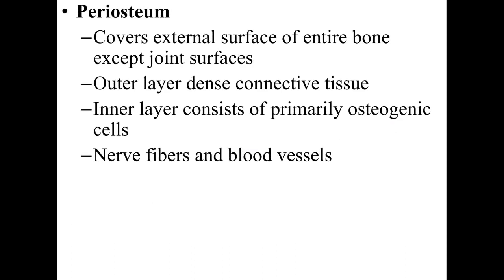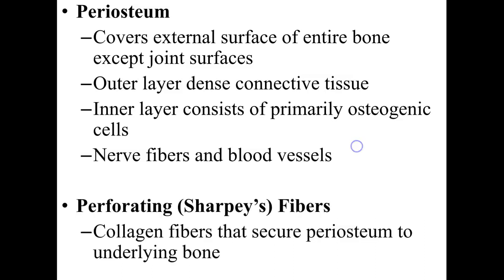Right, the periosteum is going to cover the external surface of the entire bone except for the joint surfaces. Now the outer layer of dense connective tissue is going to have an inner layer that consists of primarily osteogenic cells. And so remember, those are going to be your stem cells. Also, like I said, you're going to find your blood vessels that are going to be inside there, and it's going to help keep nerve fibers against the bone.